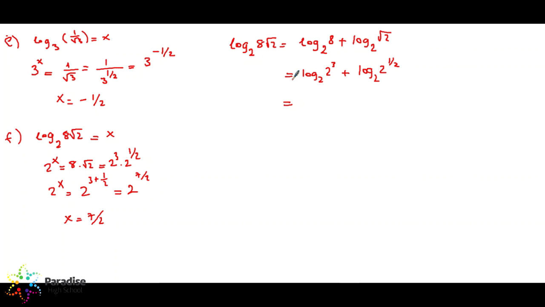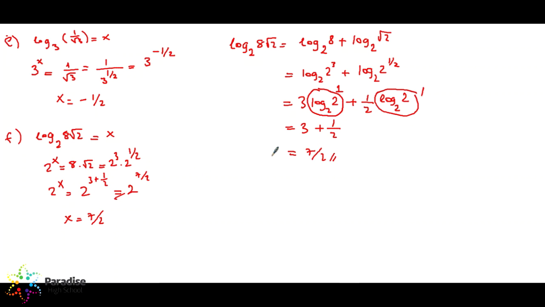When there is a power, the power comes in the front. 3 log base 2 of 2 plus 1/2 log base 2 of 2. Log base 2 of 2 is equal to 1, so 3 times 1 is equal to 3. And 1/2 times 1 is equal to 1/2. So the result is 7/2. We got the same answer. So we can solve it in any way we want.